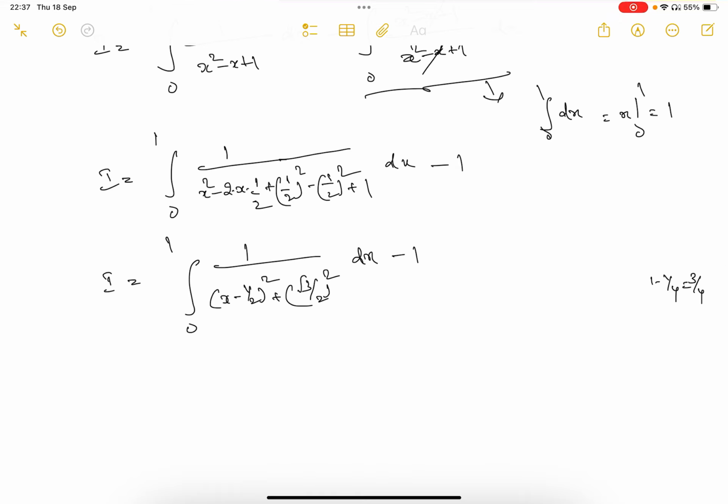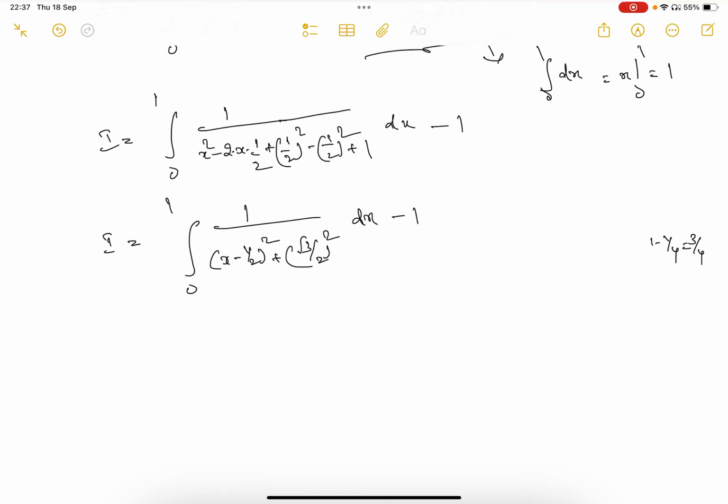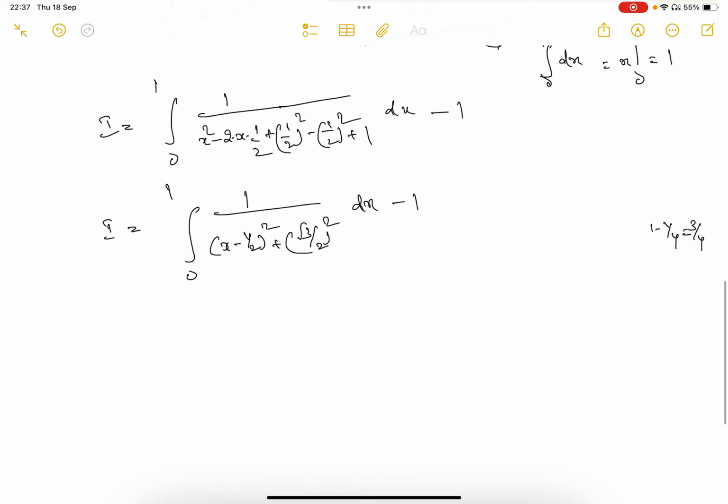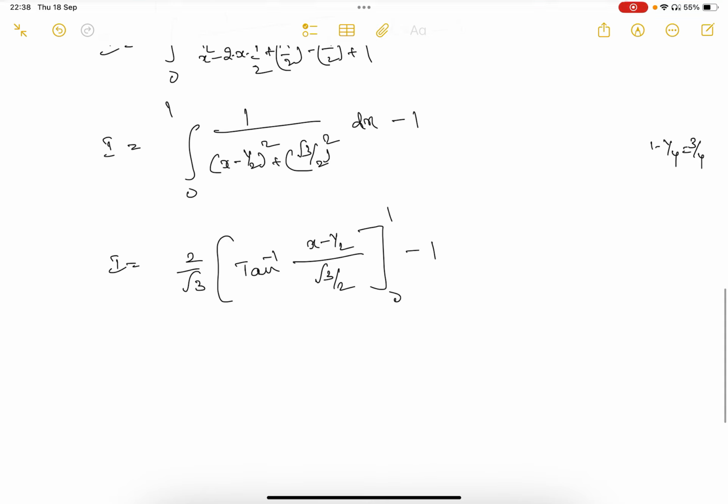You can take x minus half as t, or you can just apply the formula: 1 by x square plus a square is 1 by a tan inverse x by a. Let's try to apply the formula directly. 1 by a, then 1 by root 3 by 2, it will be 2 by root 3 into tan inverse of (x minus half) by (root 3 by 2), integral 0 to 1, minus 1. Fine.